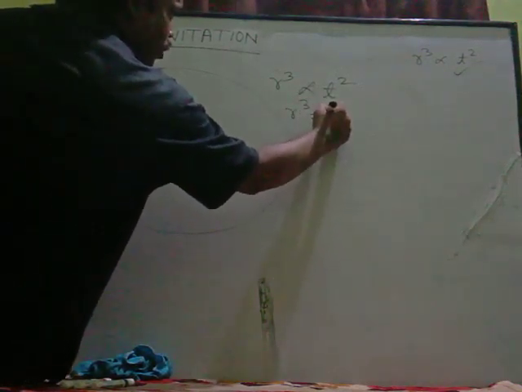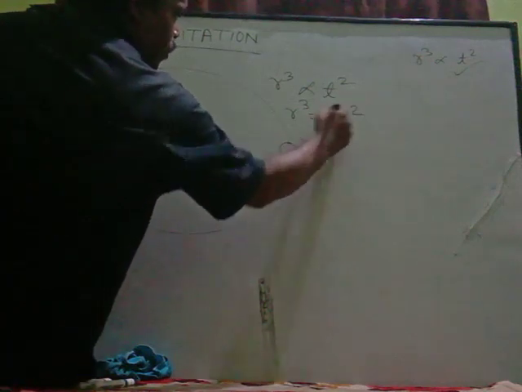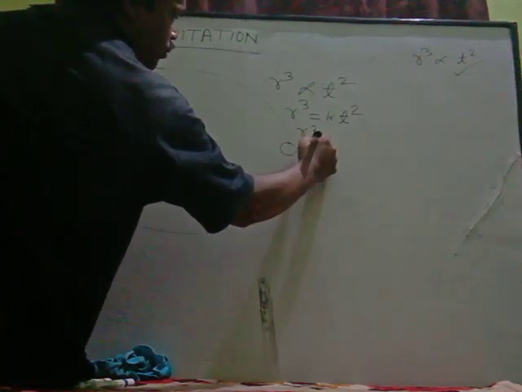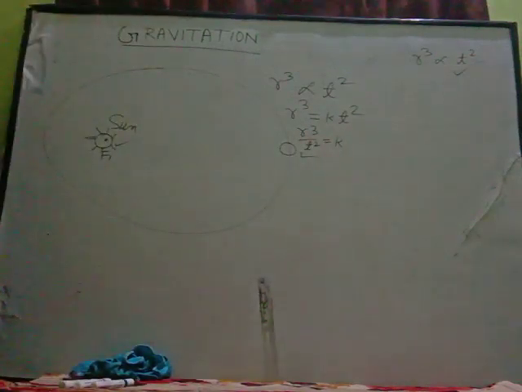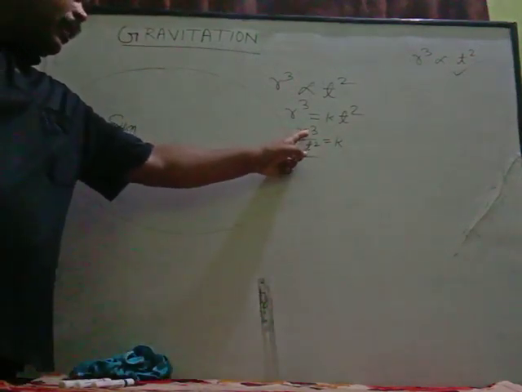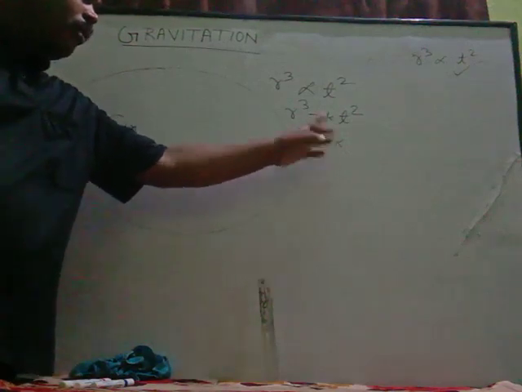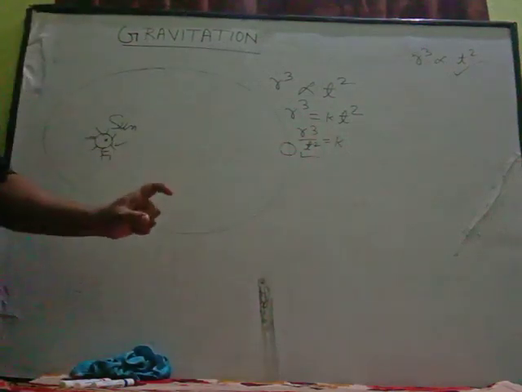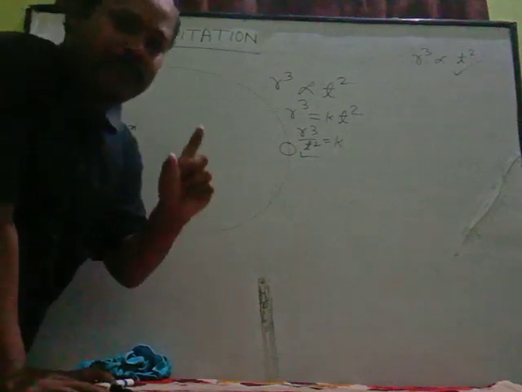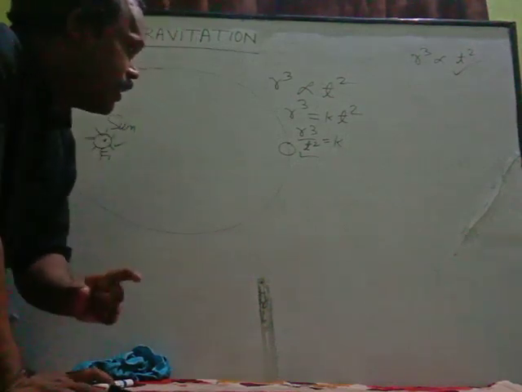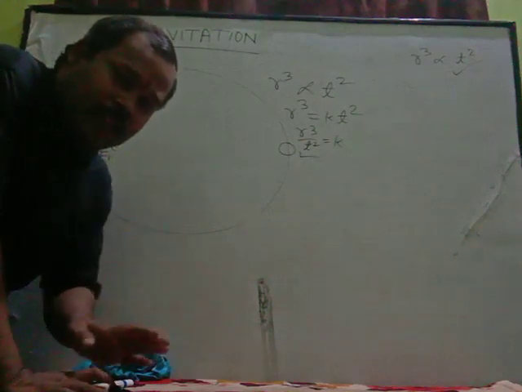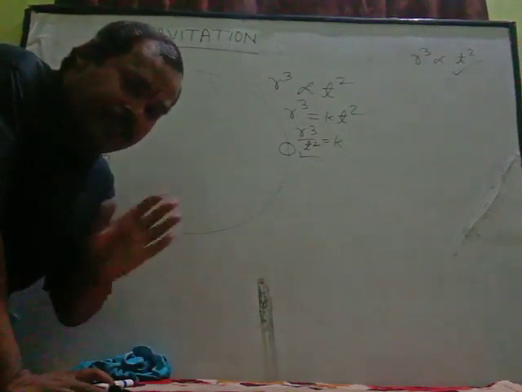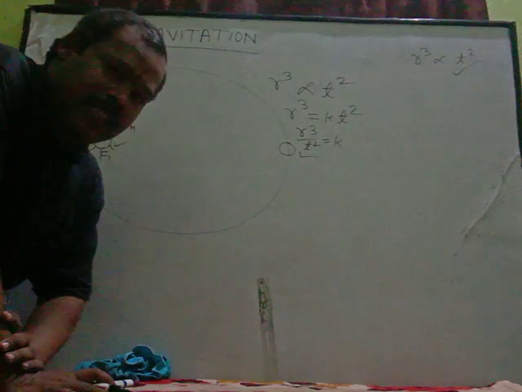So R cube is equal to K T square. So R cube by T square is equal to K. मतलब ये हुआ बच्चों कि R cube by T square is equal to constant, means to say that the ratio between the mean distance of the planet with respect to its star and square of the time period remains always constant.